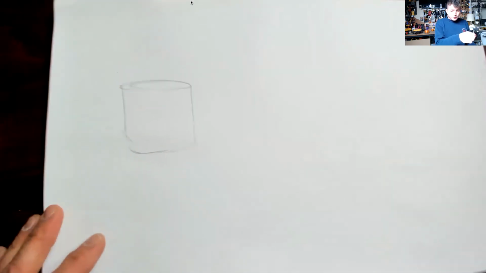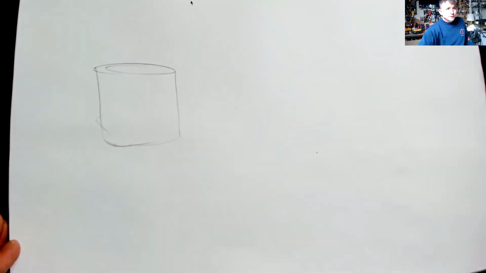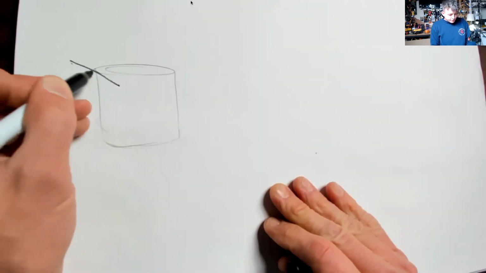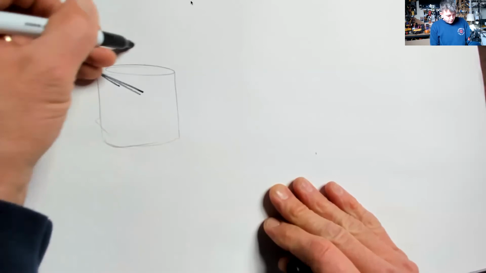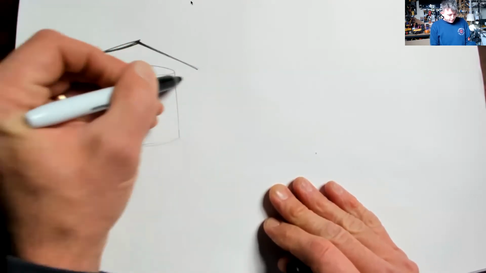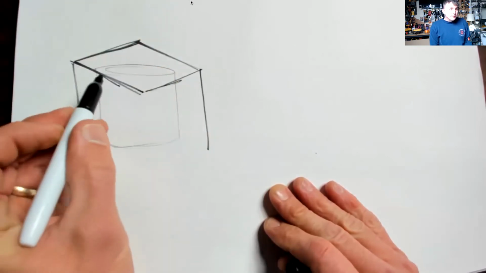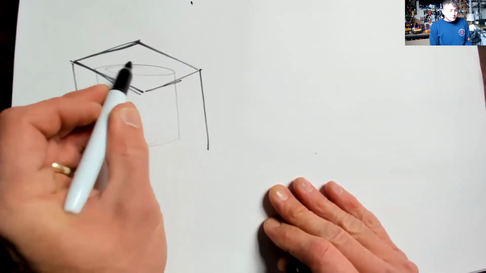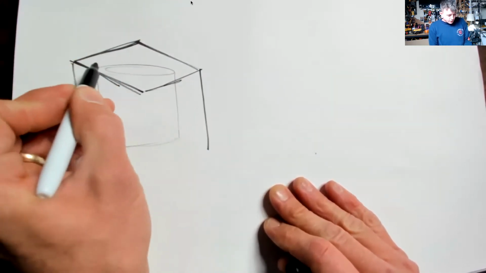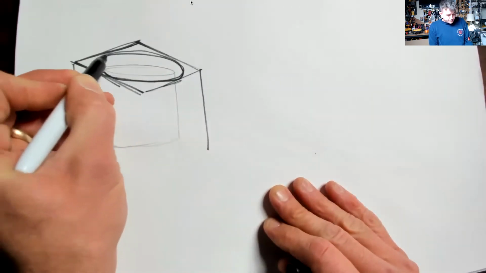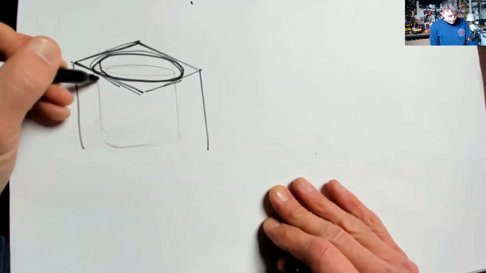But the problem with that is we don't know for sure if we're in isometric unless we were to put this inside of a cube, an isometric cube. In which case we would find out that the top of this ellipse up here definitely needs to be much larger and open. It was too narrow before.